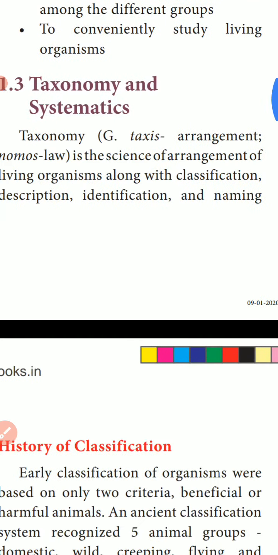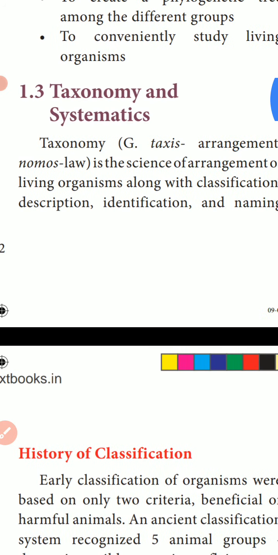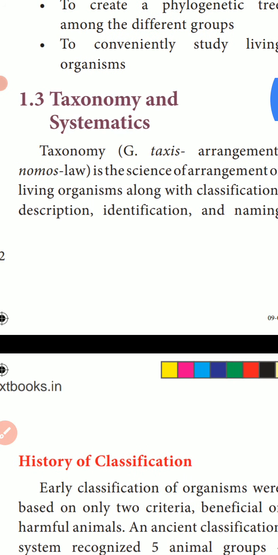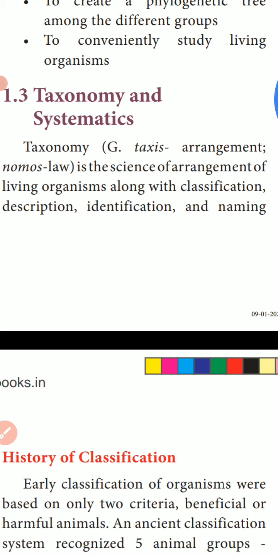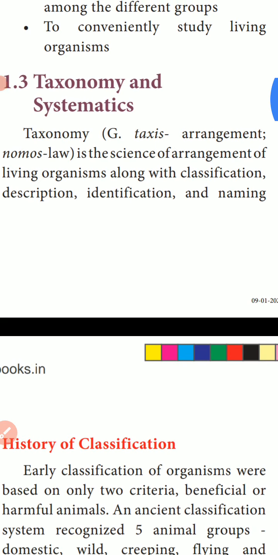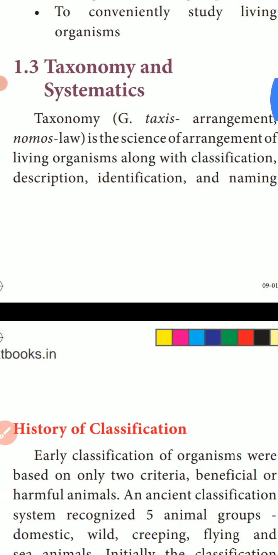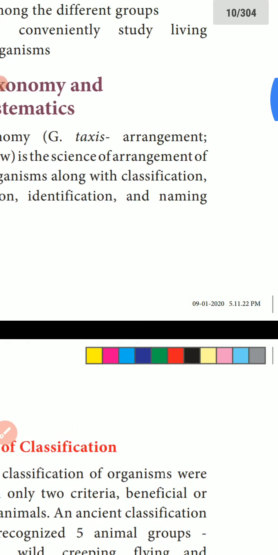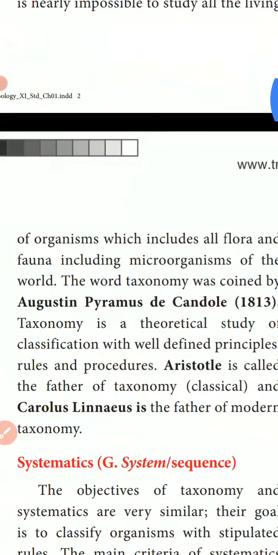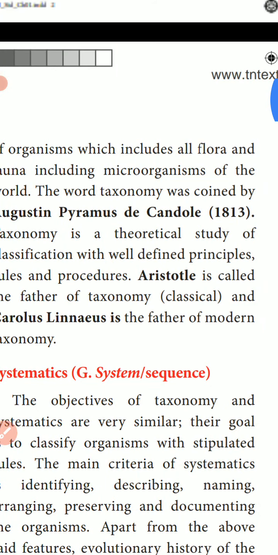The next one is taxonomy and systematics. Taxonomy is a Greek word. Taxis means arrangement, nomos means law. It is the science of arrangement of living organisms along with the classification, description, identification and naming of organisms, which include all flora and fauna.